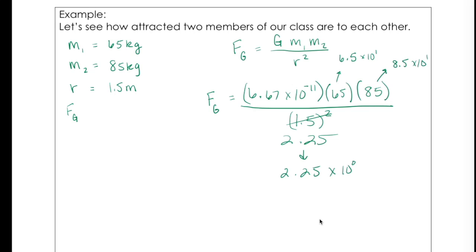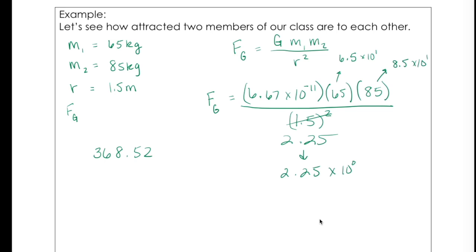When multiplying in scientific notation, you're going to take all the numbers that are multiplying together, the first numbers before the base 10, and just multiply those together. So we're going to take 6.67 times 6.5 times 8.5, and I'm going to do this off to the side, we would get 368.52.